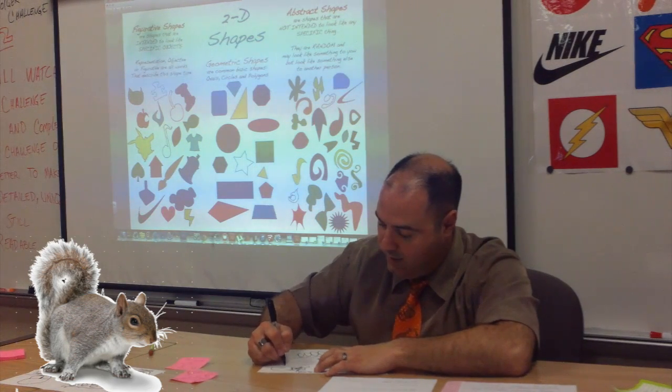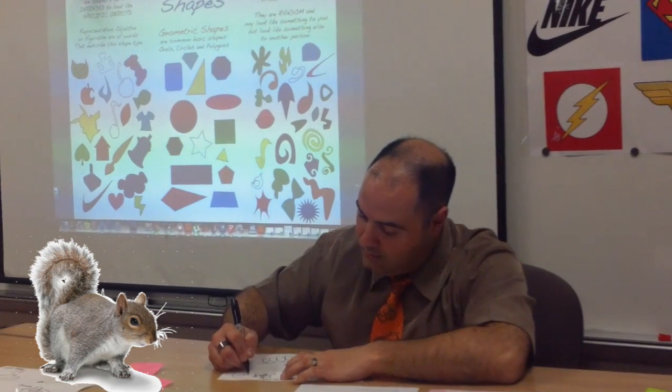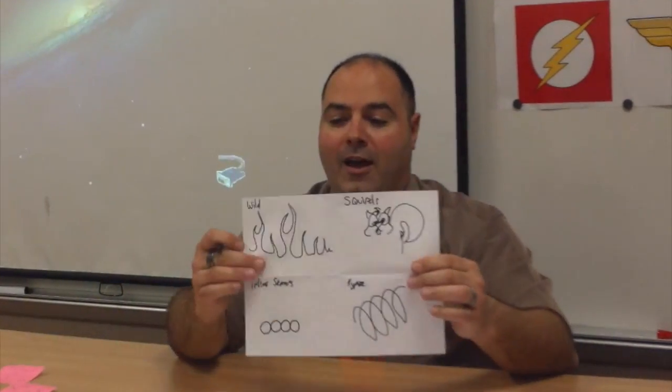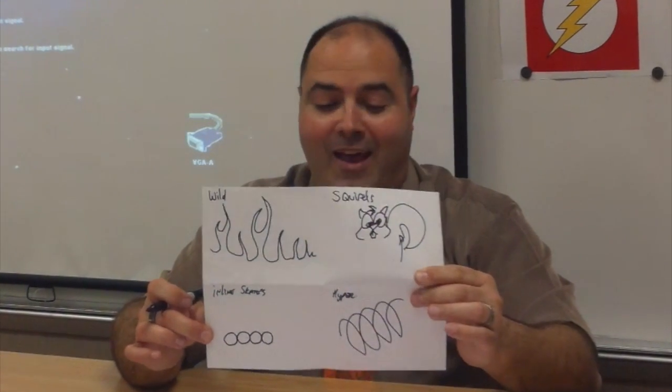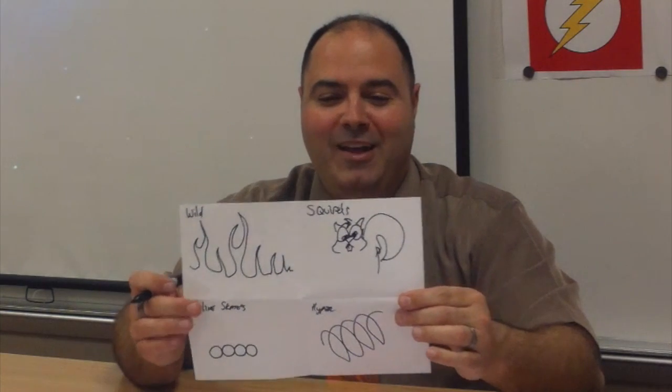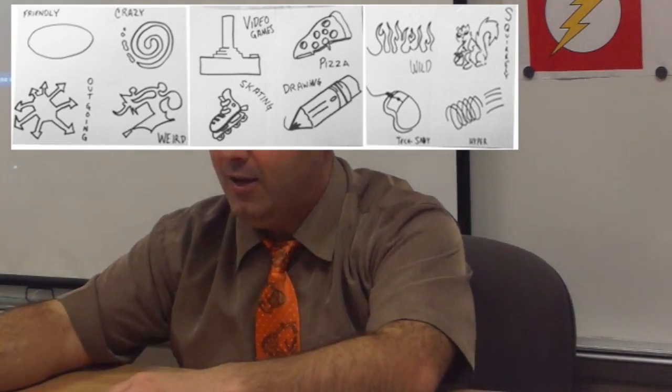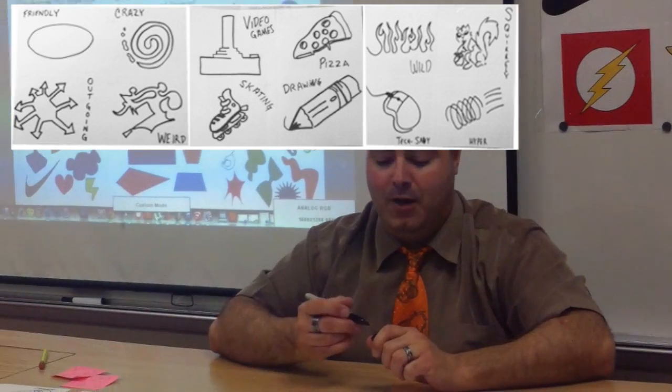And maybe I'll draw part of his tail too, because that's one of the identifying features of a squirrel. So I have my wildfire, my inline skating, and also my hyper spring and my squirrel shapes. So these 3 pages together are the first part of this project.